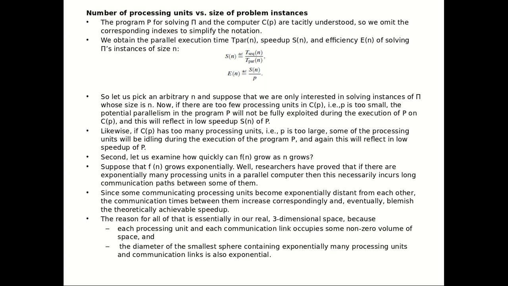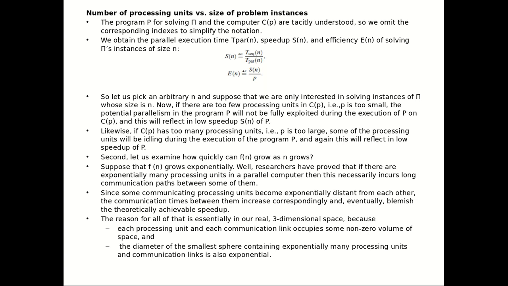Now the second point is we examine how quickly f of n can grow as n grows. Suppose that f of n grows exponentially. Well, researchers have proved that if there are exponentially many processing units in a parallel computer, then this necessarily incurs long communication paths between some of them.